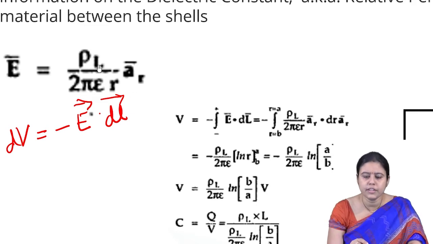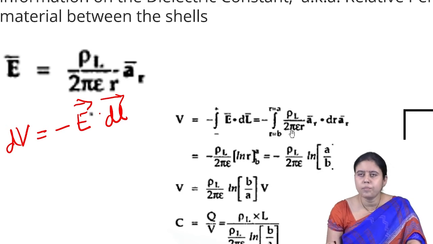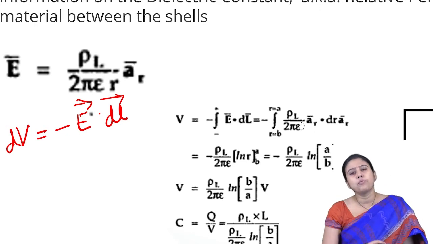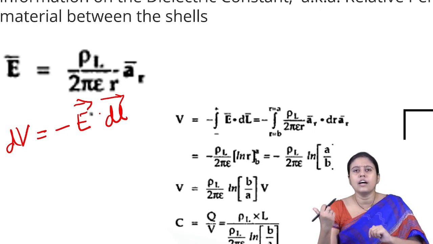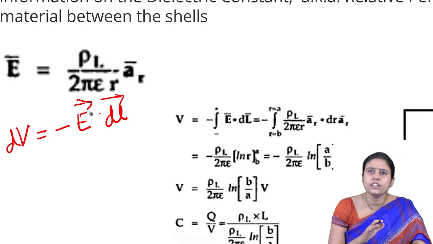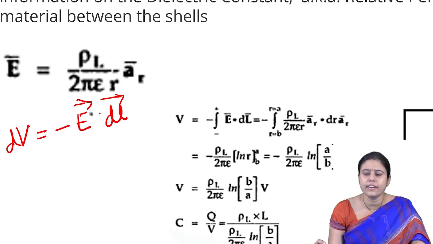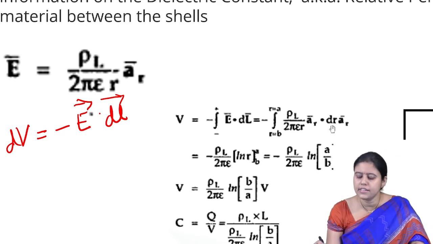We are substituting the value of E here: rho L by 2 pi epsilon r into AR. As the field is working along the radius, the displacement will also be along the radius, so it is dr with direction AR.